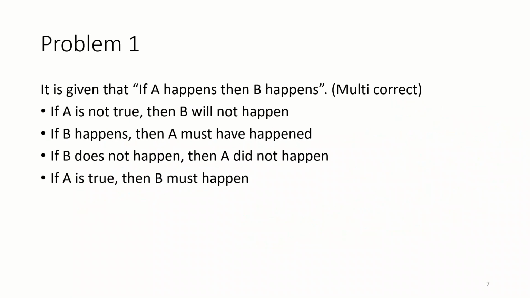Coming to the active part, we discussed some things, and now we will discuss some questions. This is a statement: if A happens, then B happens. A is an event, and B is a different event.